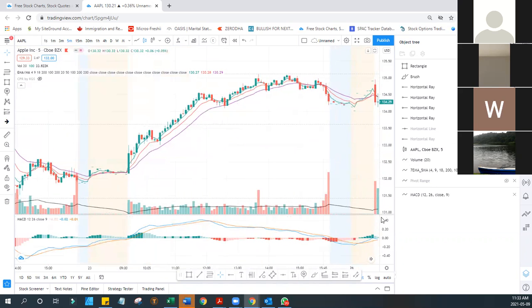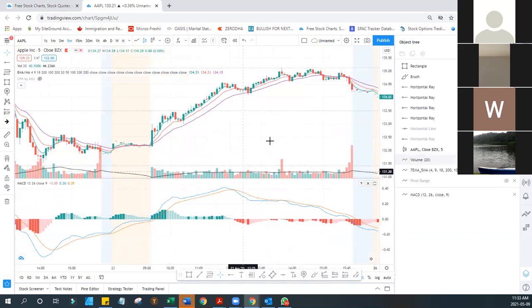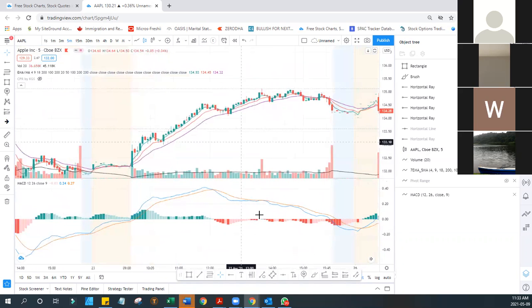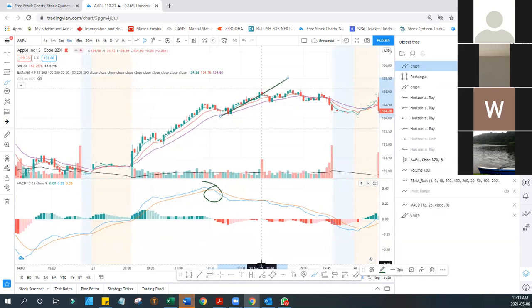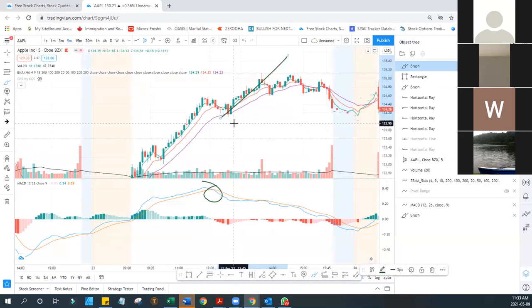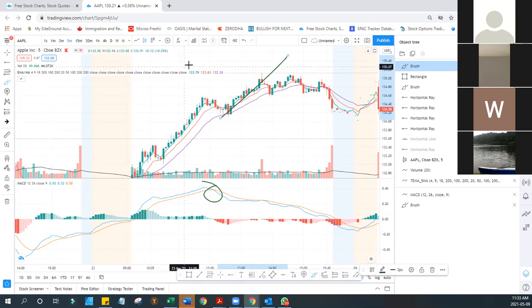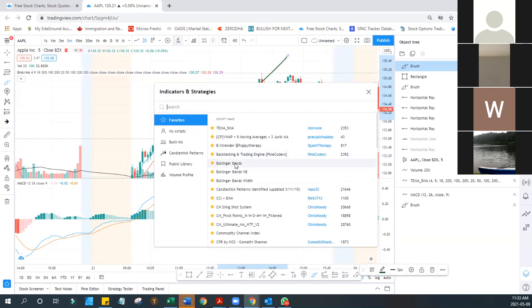So now this is MACD. If you see in MACD here, it gives you the selling signal, but the price went up, whereas the EMA told you, okay, I'm still supporting you. Let me put the Bollinger Band here again.